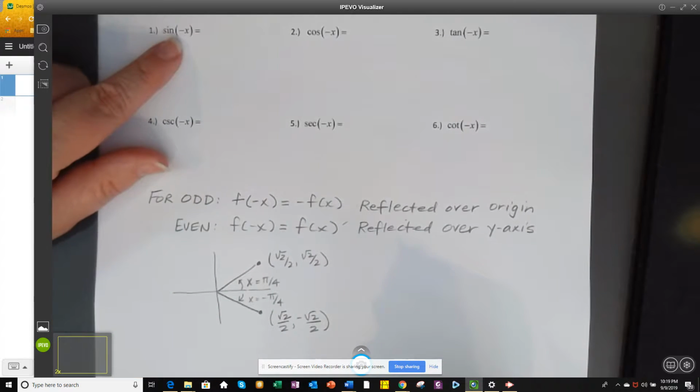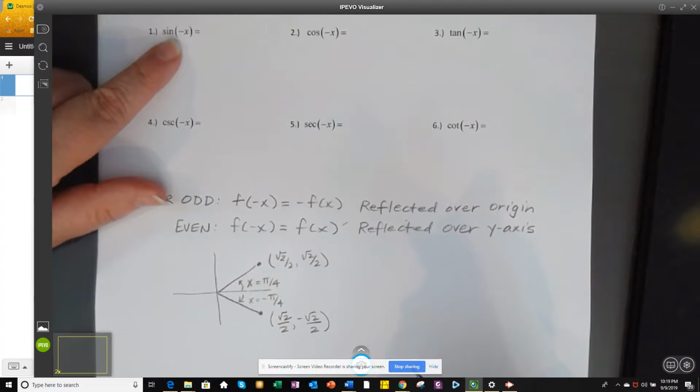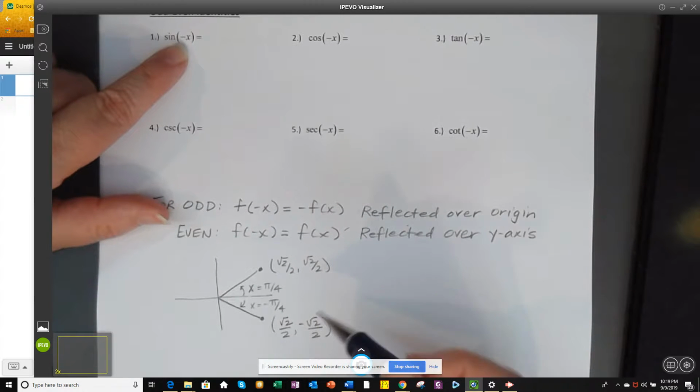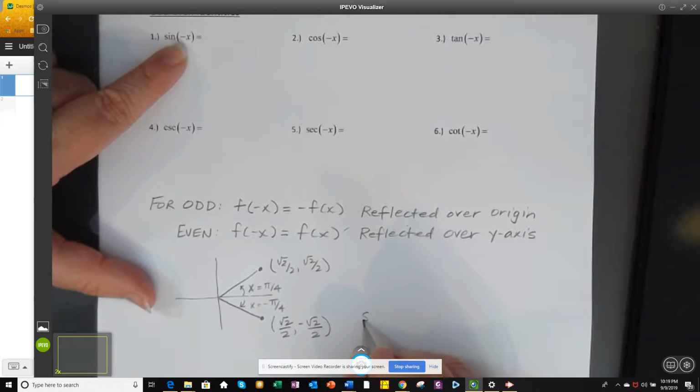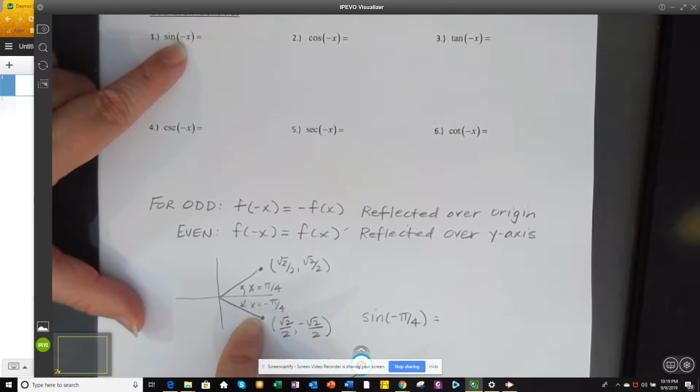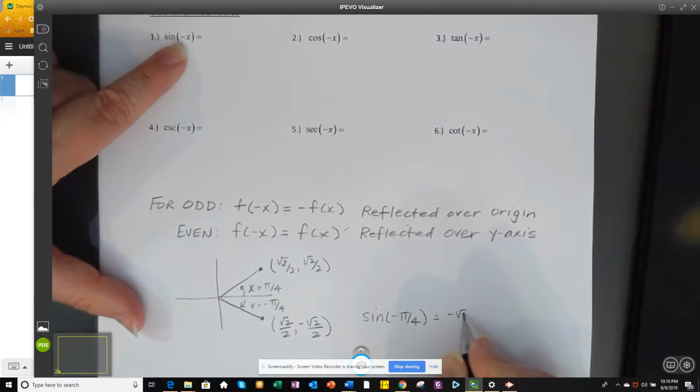All right, now, let's say my angle is pi over 4. What would be the sine of the opposite of pi over 4? The opposite of that would be negative pi over 4. So the sine of negative pi over 4, what does that equal? You come to negative pi over 4 down here with our angle of rotation. That's negative root 2 over 2.